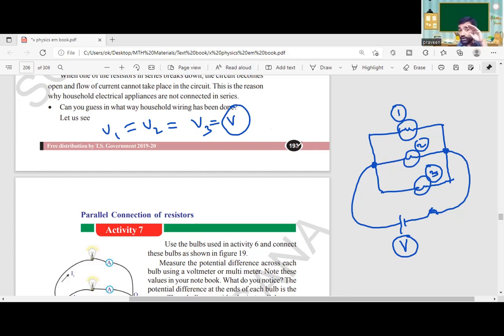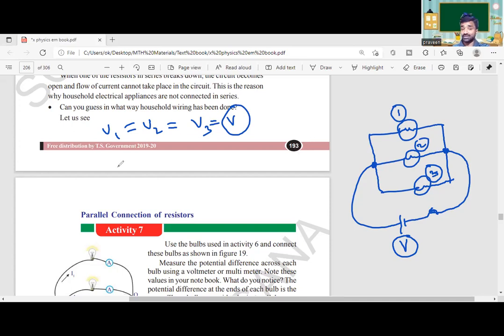So bulbs are connected in parallel combination with the battery. Parallel combination means you made individual paths from the battery to each bulb. One fails, the remaining work.